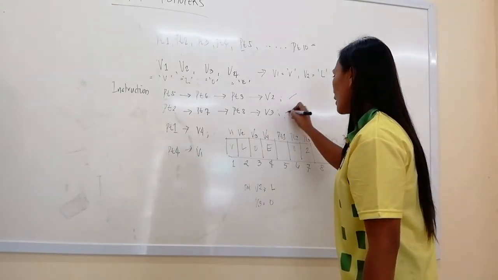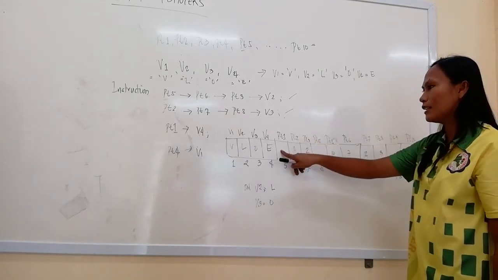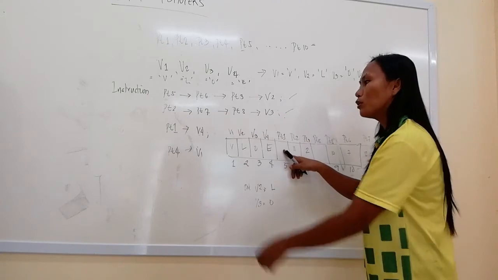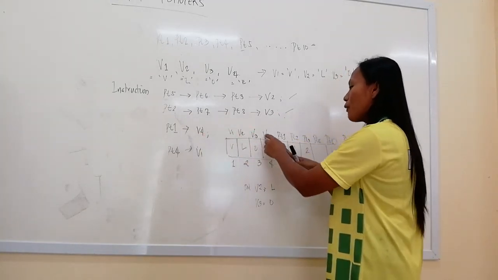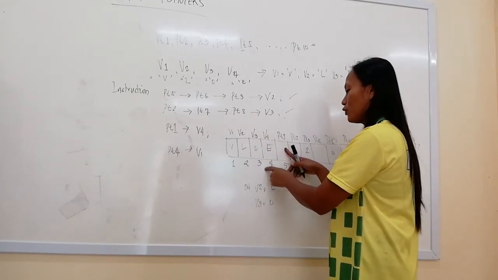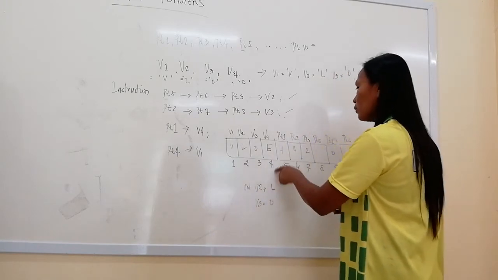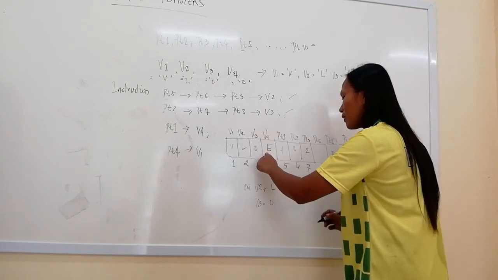Na tayo dito, dito naman tayo. So, PT1, yan, under memory address 5, pointing to the address of variable 4. So, where can we find the address of variable 4? Nandito yun. So, the address is 4. Kung titignan natin, variable 4, ano yung element?